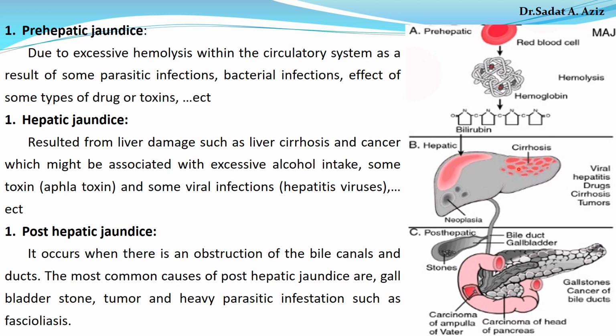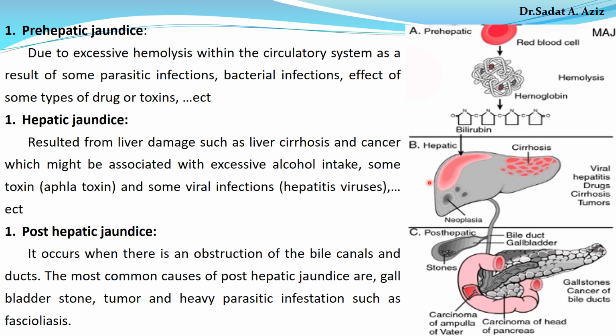These might be related to what? To excessive alcohol intake, and some toxins such as aflatoxin also might lead to what? To liver cancer or liver cirrhosis. And also some viral infections are quite common, such as hepatitis viruses.